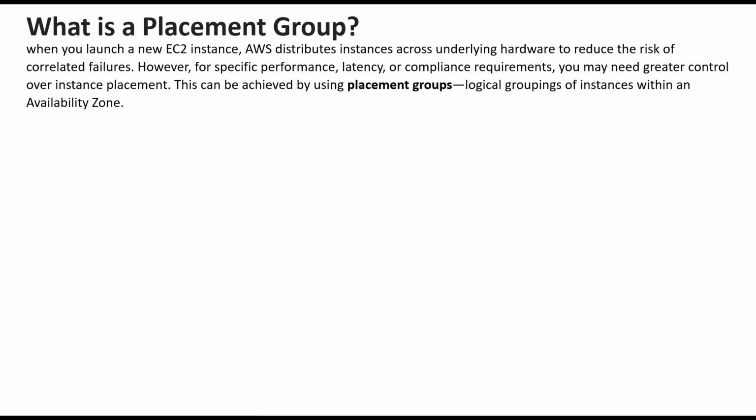When you launch a new EC2 instance, AWS distributes instances across underlying hardware to reduce the risk of correlated failures. However, for specific performance, latency, or compliance requirements, you may need greater control over instance placement.